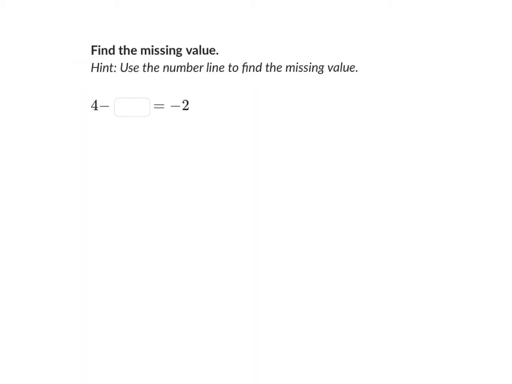Now, when you have a question like this, it's easier to draw yourself a little number line. So we're starting at, I always like to put 0 there, we're starting at 4, and we're subtracting something to get to -2. So now I want to think, okay, I went back 4 spaces and another 2. So altogether, I went back 6 places.